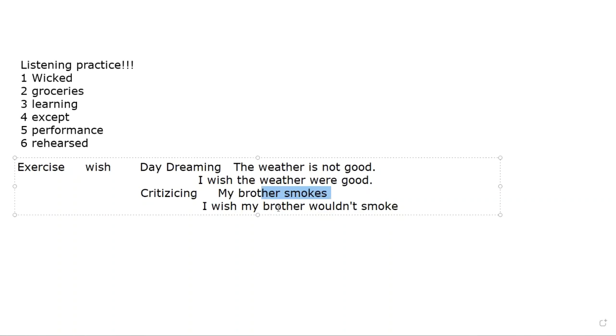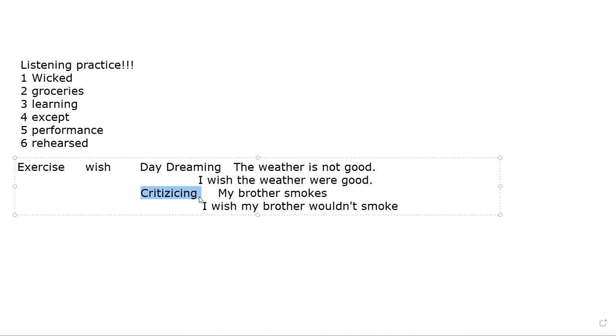Now, these things, for example, the ones in daydreaming, they may or may not be possible to change. Maybe yes, maybe not. Maybe with practice, maybe with time. But when you are criticizing, it's because there is no way you can change it.